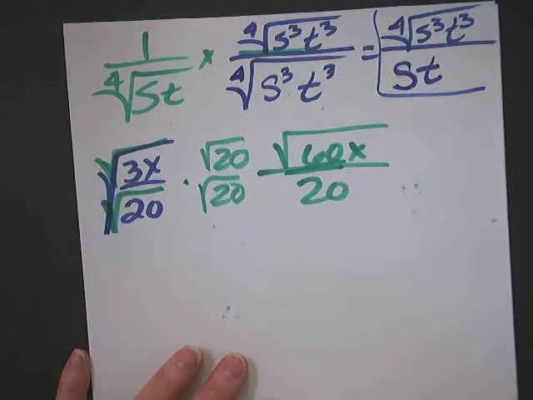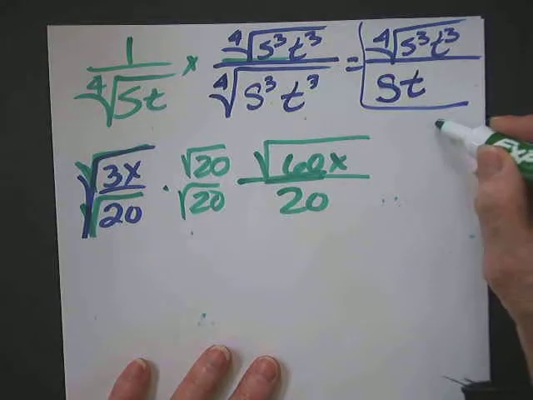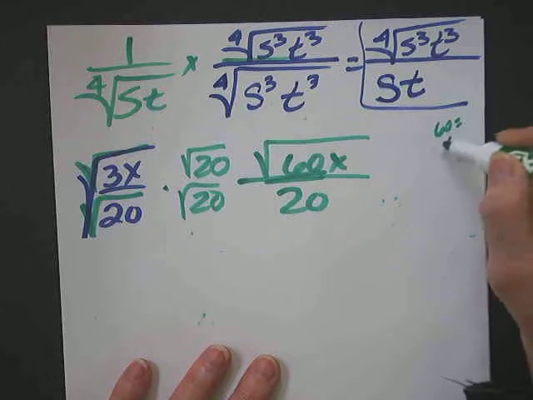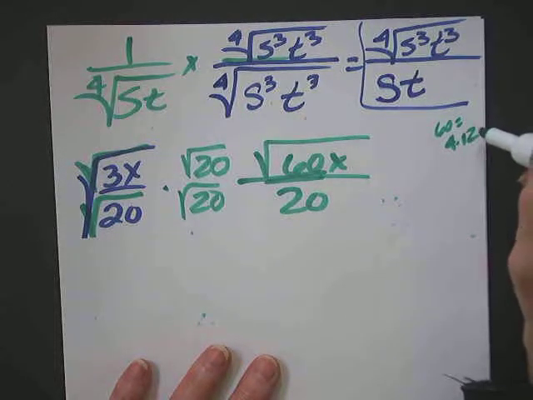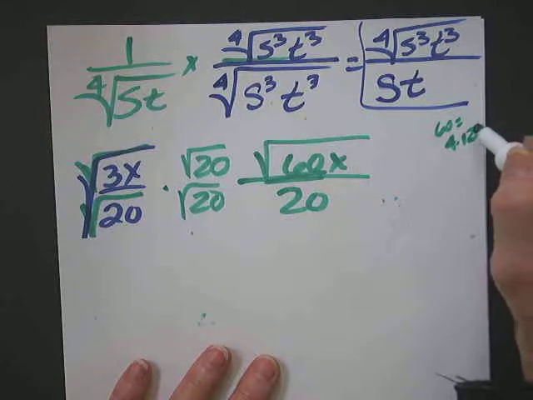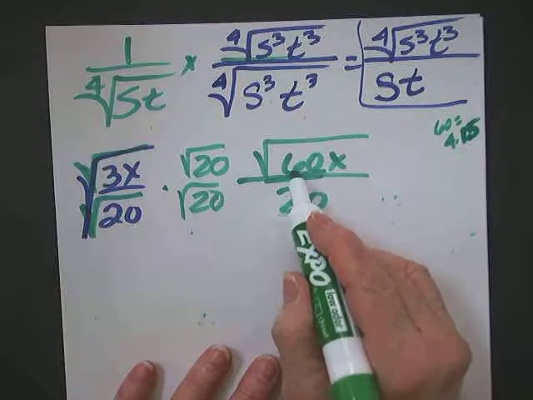And this has a square root over both of them that can be divided out, broken down into square roots. Square root of 20 times square root of 20 is 20, right? Square root, everything under that will turn into 60x. Now we can break 60 down into perfect squares. What will go into it?